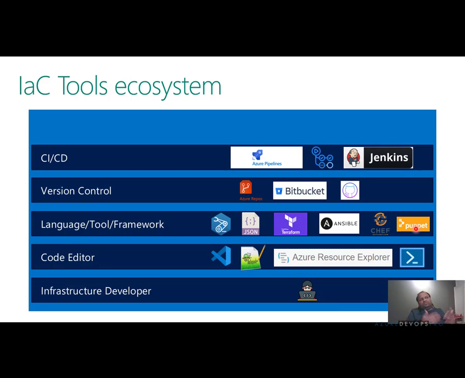CI/CD pipeline. When you have infrastructure as code, you can define it in version control, and then you can trigger a CI/CD pipeline, a continuous integration, continuous deployment pipeline, using Azure Pipelines or GitHub Actions. GitHub Actions is a pipeline tool from GitHub where you can define workflows, define tasks one by one, and then trigger them, very much similar to any other pipeline tool.